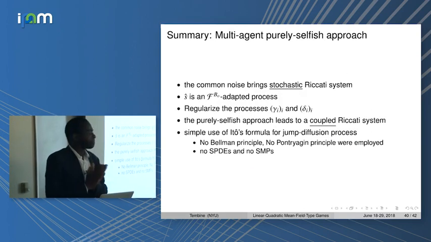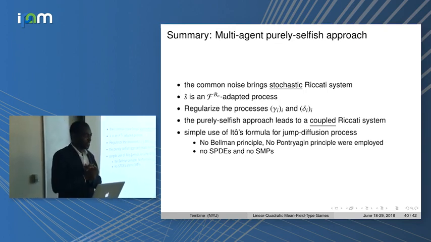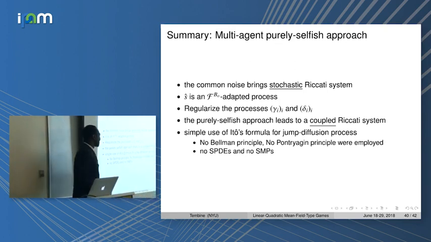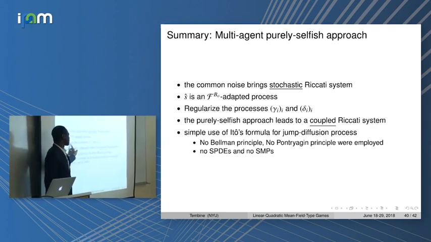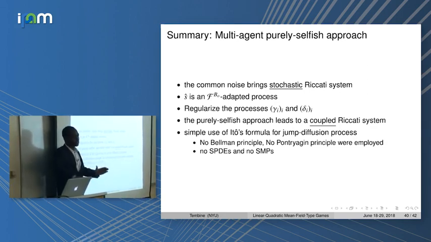So let's summarize. If you add a common noise, you get an SDE, which regularizes somehow. Even if there is a blow up, it might help you to get solutions. You get coupled Riccati equations because you are in a game context instead of one single Riccati.